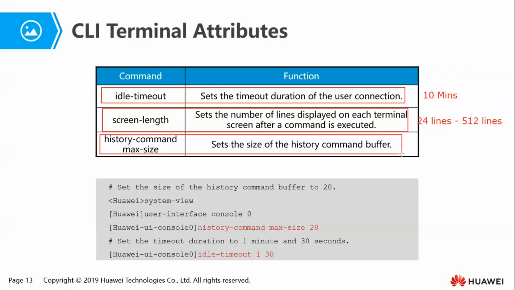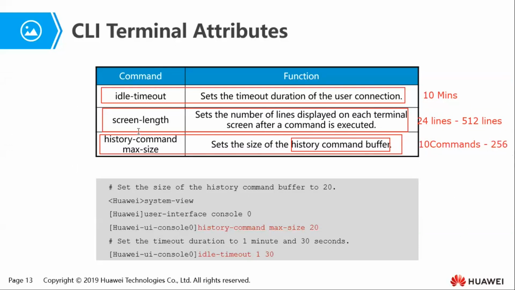Every command you type is saved in the history command buffer. By default, 10 commands are saved, but you can extend this all the way to 256 commands.